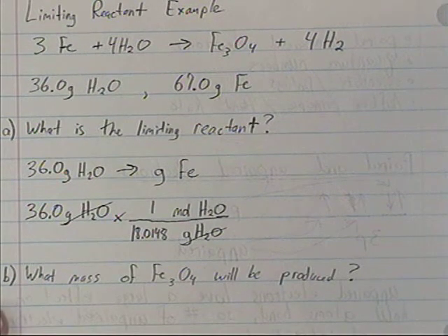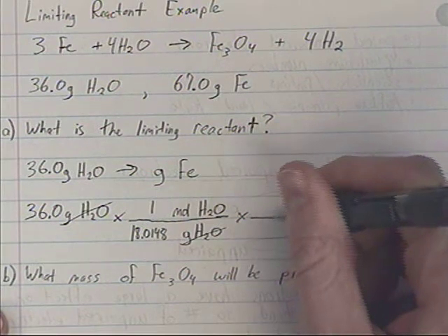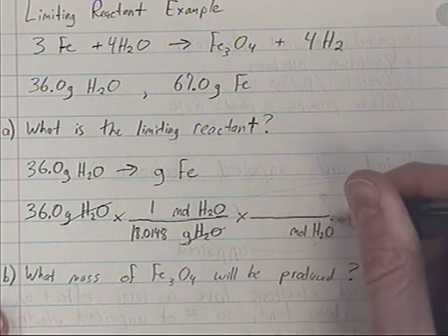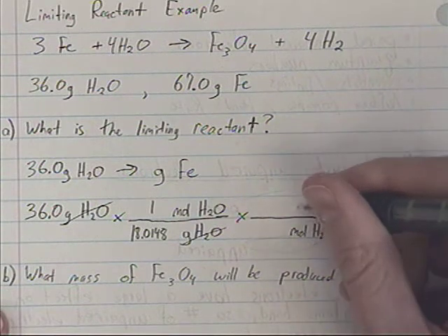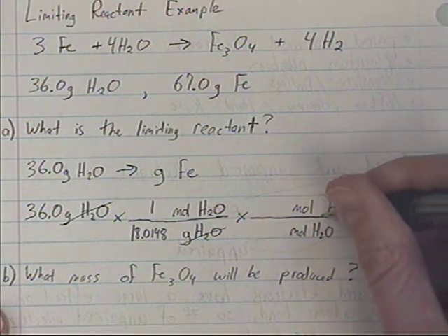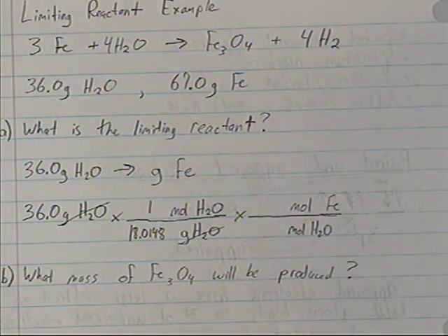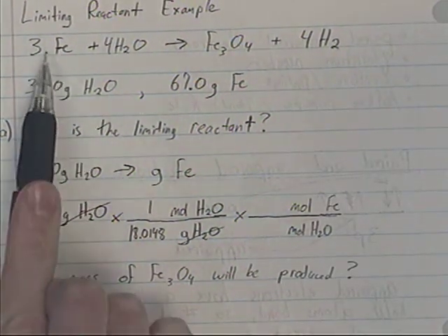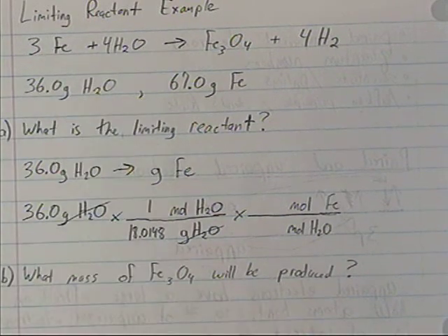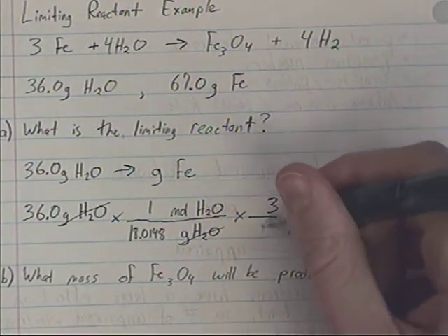I want to keep converting to get my next step, which would go from moles of H2O, I want that to cancel, so it goes in the bottom, to moles of iron. And from the balanced equation up here, I can see that I have, for every 3 moles of iron, 4 moles of water. So I can fill that in here.